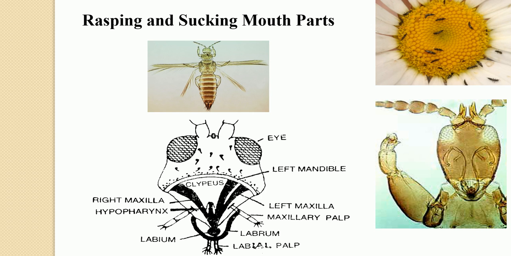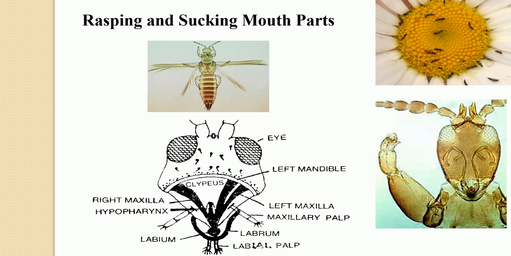So here the mandibles and maxillae lose their primary structure and become needle-like, hence they are referred to as stylets. So this is referred to as the mandibular stylet. Keep in mind, these insects have only a single mandibular stylet, located on the left side, and the right stylet is absent, hence their mouth parts become asymmetrical.